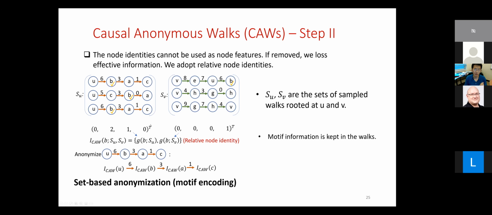Essentially, the key difference between CAW and AW is that we try to establish the correlation between different walks, the walks rooted at different nodes. In AW, the anonymization is just for a particular node. So this is my answer.